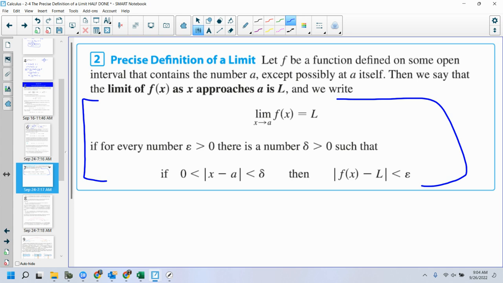We could say that the limit as x approaches a of f of x is equal to L if for every number epsilon, and what is it? Epsilon is that ending value.